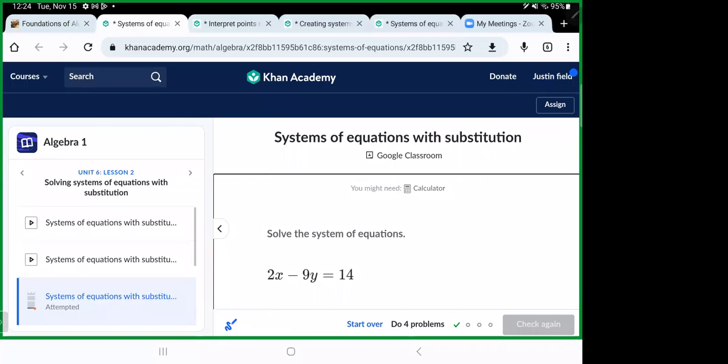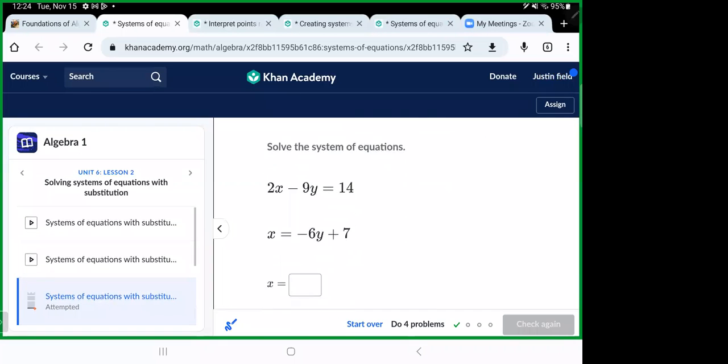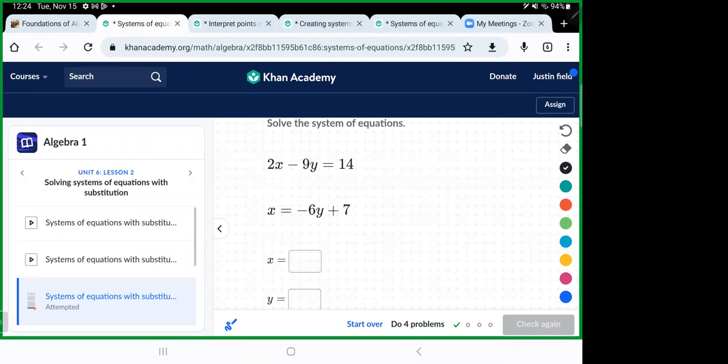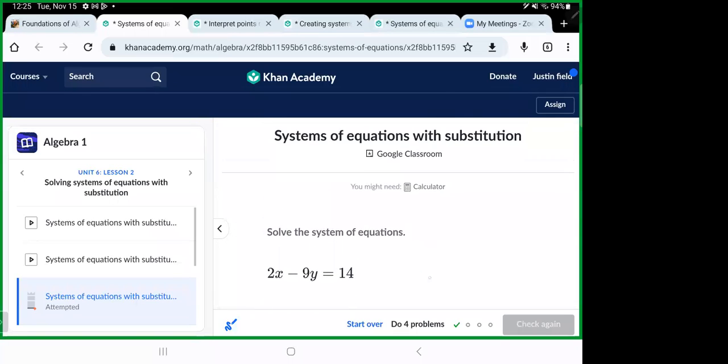But now this is another one that you may be able to do before you get to class, because substitution uses a lot of the skills that we've already done this year. So we've looked at a solution to a system, we've looked at how to graph it, and this one is solving it algebraically. There's more than one way to solve algebraically, but this way is called substitution.